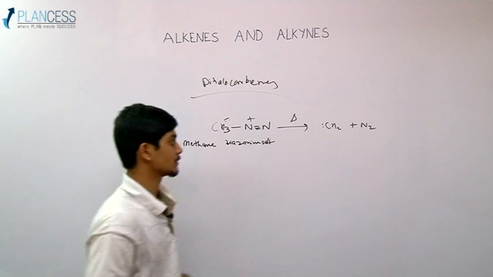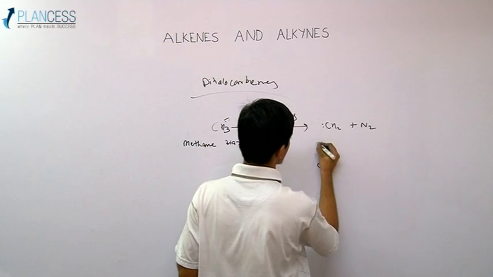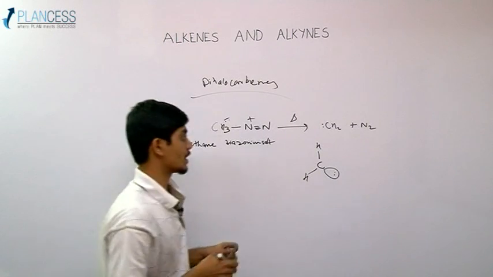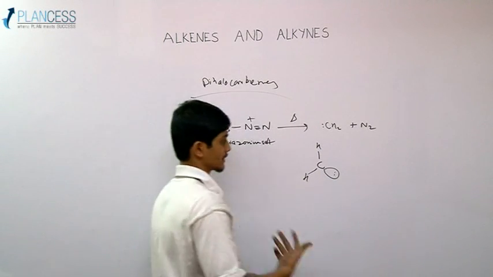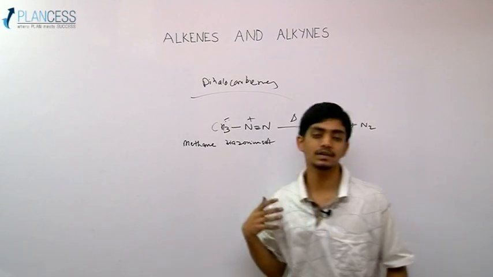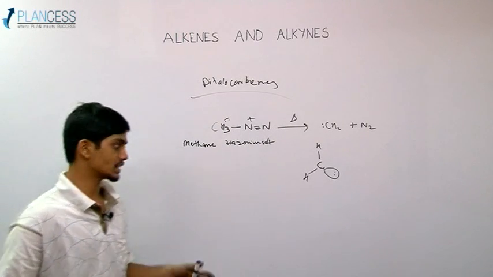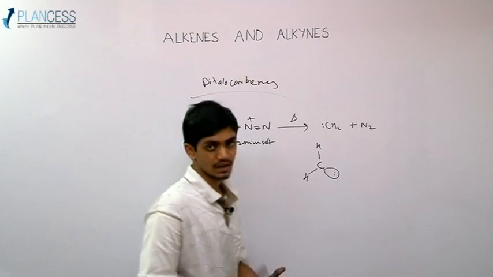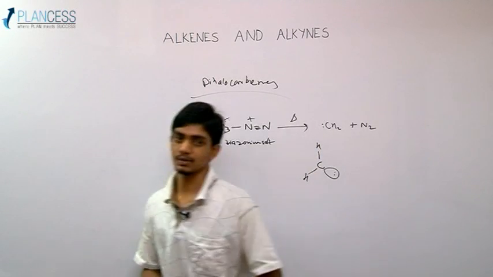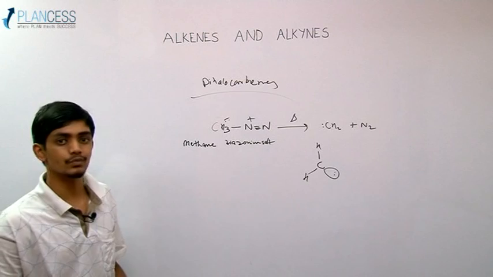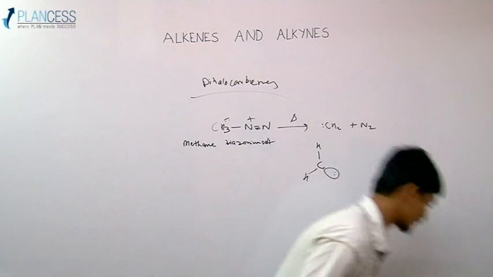Now this carbene has this kind of structure, CH and CH. We have triplet carbene and singlet carbene. The singlet and triplet terms come because of the multiplicity of the carbenes. Now this we will study further in quantum mechanics. We are not going to discuss that concept over here. We will move towards the reaction of dichlorocarbenes with our alkenes.